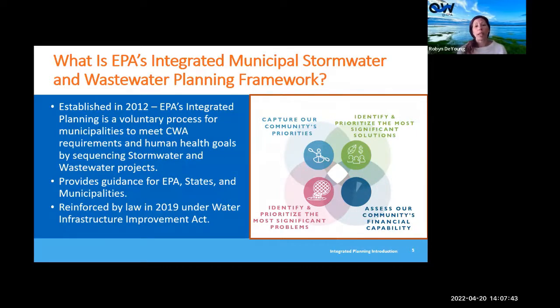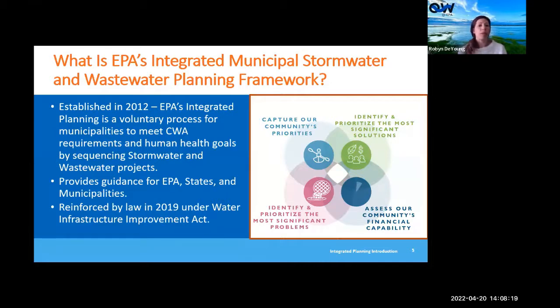It also provides guidance to EPA, states, and municipalities so that you can fold in community priorities, identify the most significant problem within your community so that you can meet the Clean Water Act, and assess your community's financial capabilities so that you can pay for the investments you need to keep your water infrastructure resilient over time.